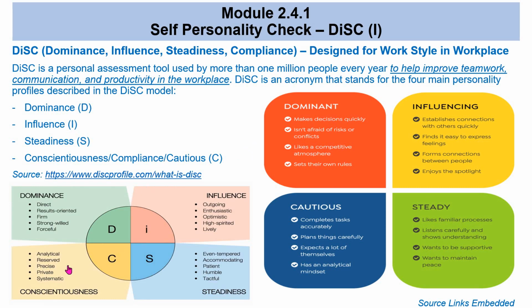Then you have the compliance or cautious people, who are very analytic, reserved, precise, private, and systematic. They are very good at completing tasks accurately. They like to plan things a lot and carefully, and they expect a lot of themselves.